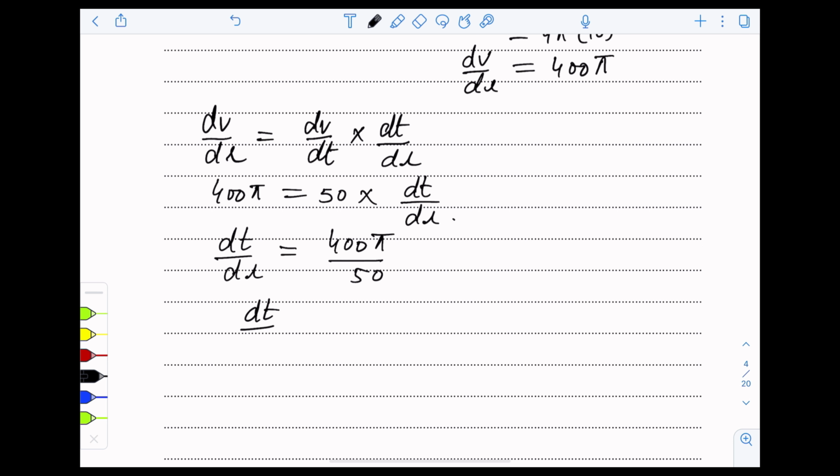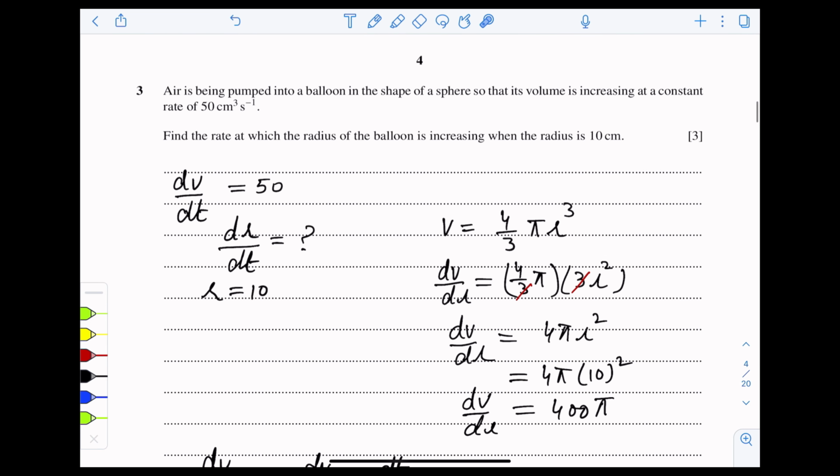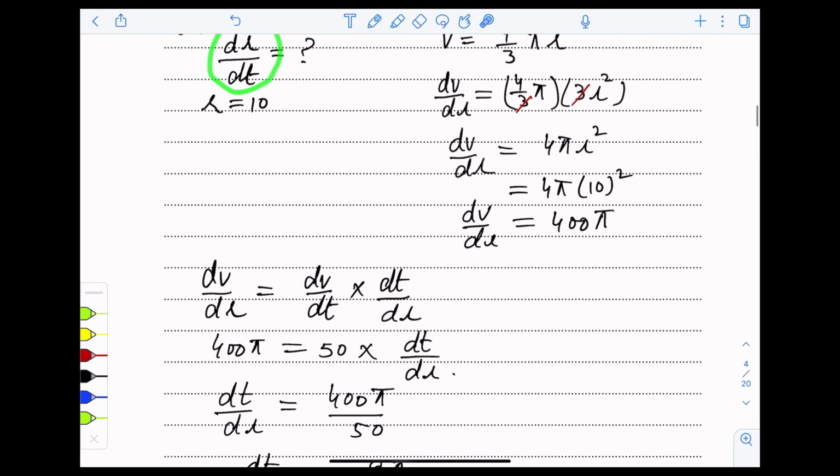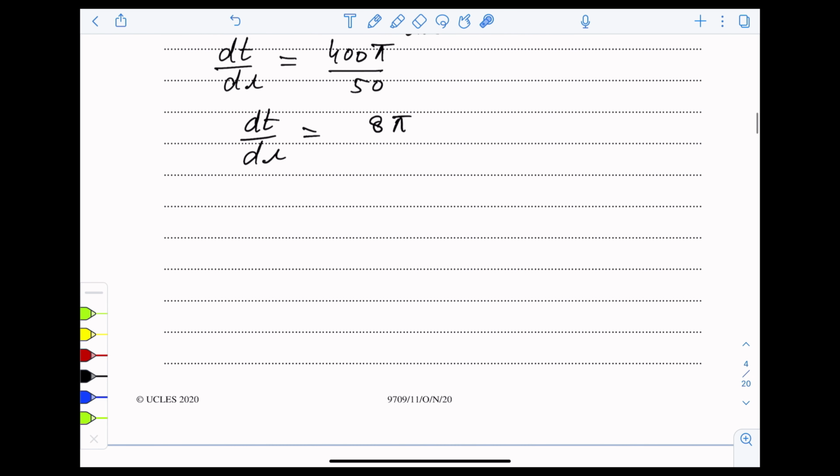That becomes dt over dr is equal to 8 pi. But actually we have to find dr over dt. dt over dr is the reciprocal of dr over dt. So we will take the reciprocal, dr over dt. r goes in the numerator, t in the denominator, so we get 1 over 8 pi.